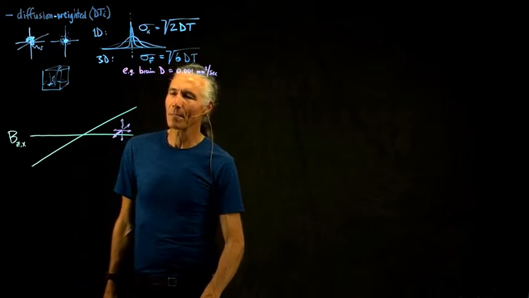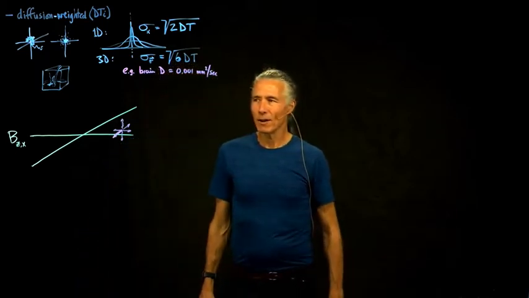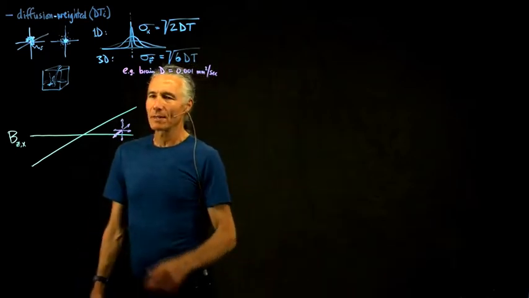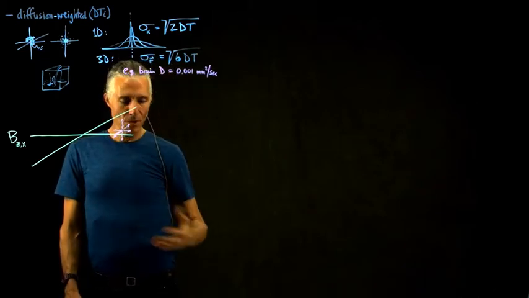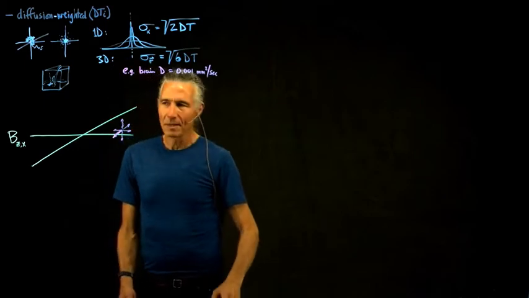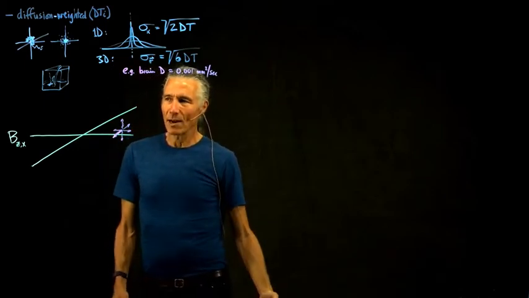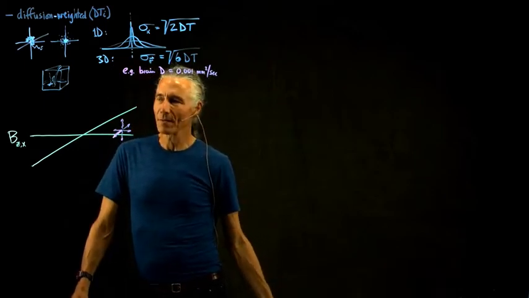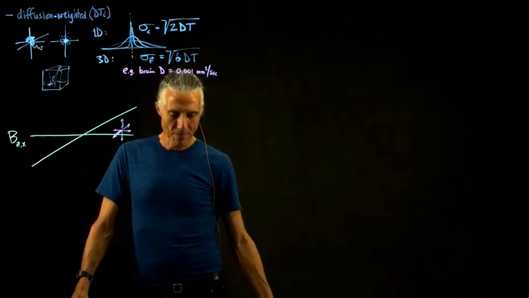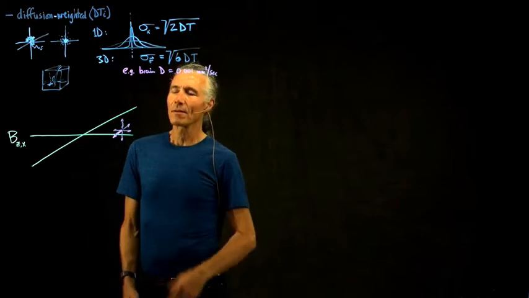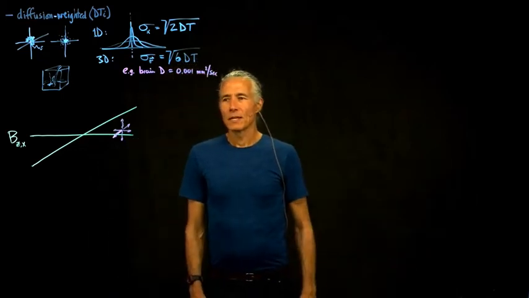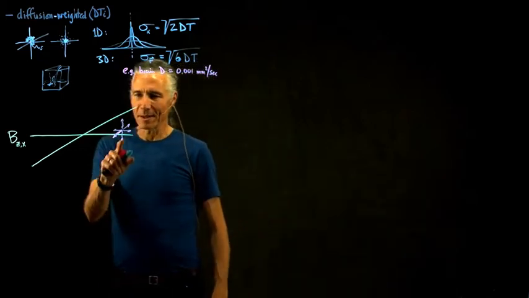And so if we turn the gradient on, we're going to really kill our signal. Turning a gradient on is like a T2 star thing. It's a static magnetic field offset, and the effect is it's going to cause the spins to get out of phase. That's kind of a bad thing, you would think.